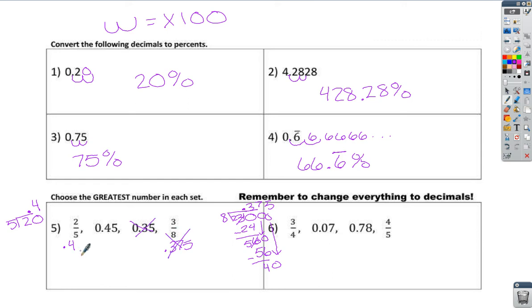Now we have 4 and nothing here, and a 4 and a 5. So 5 would be bigger than 0, so this number would be our greatest number in each set. So what I want you to do is number 6. I want you to convert each number to a decimal, and then circle your biggest number. Hit play when you're ready to check your answer. Please pause the video.